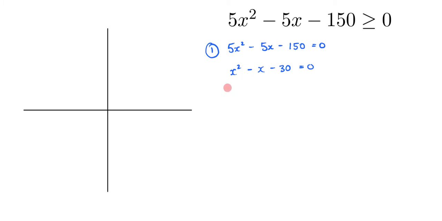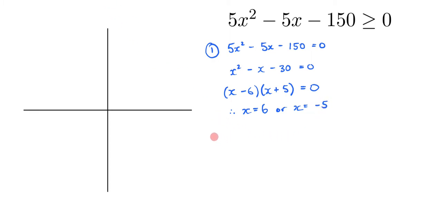So I need some numbers. It's going to be -6 and +5. That checks out because -6 times 5 is -30, and -6 plus 5 is -1, which therefore means my x is going to equal 6, or my x is going to equal -5.